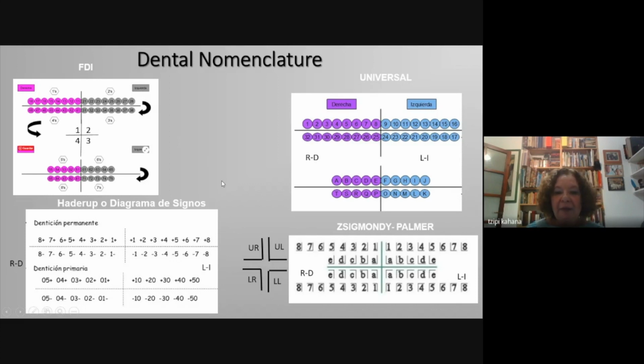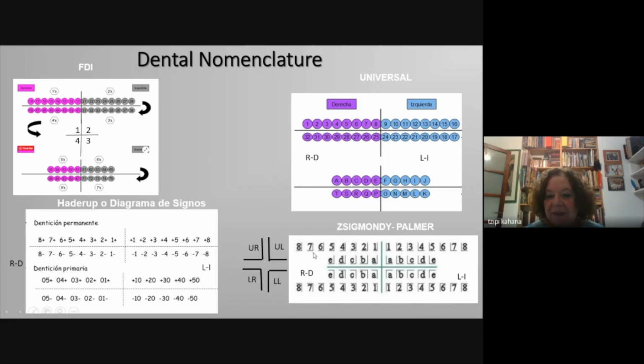Then we have something called the Palmer system or the Zsigmondy system, which is used all over the world by most clinicians. So I cannot say that one country uses it more than others, but most clinicians, mostly from my generation, use this system.